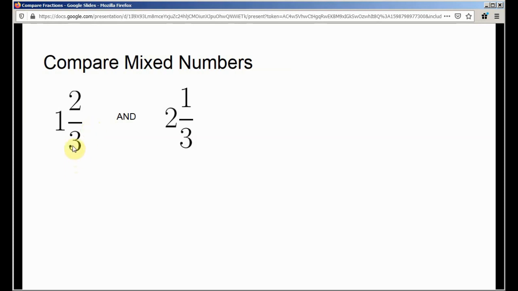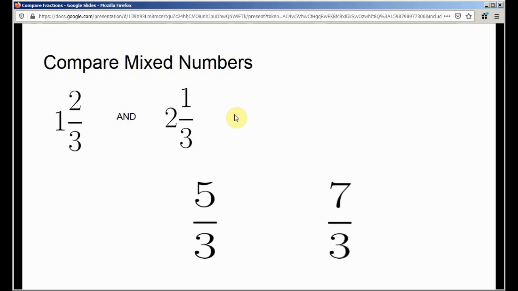So this one will give me 3 into 1 is 3 and plus 2 is 5. So it will give me 5 by 3, which is right. And then the second one is 3 into 2 is 6 and 6 plus 1 is 7. So the numerator will be 7 and the denominator will be 3.